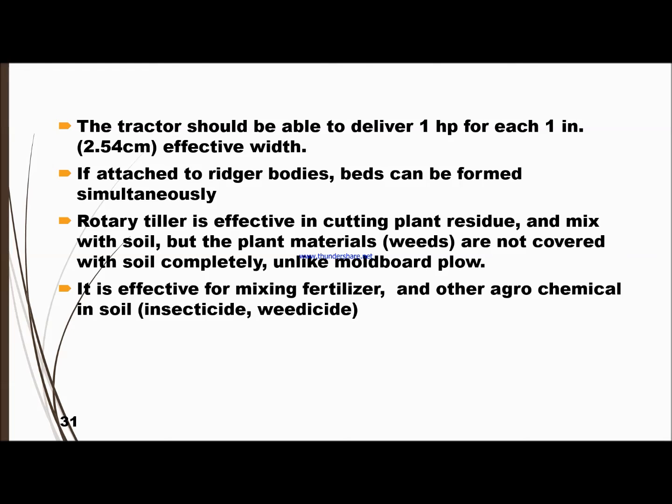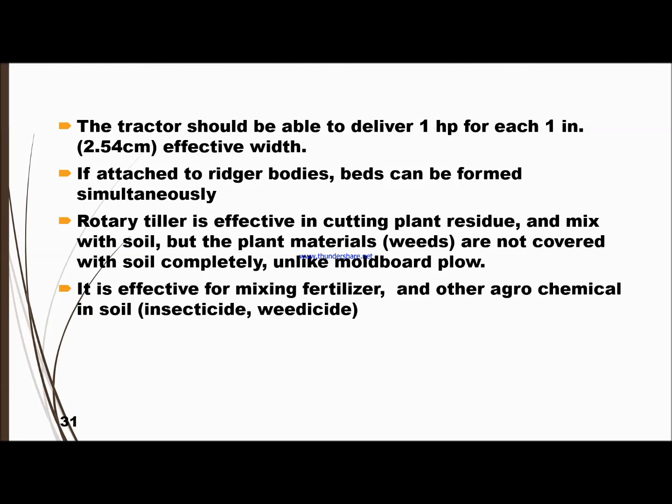If attached to bigger bodies, beds can be formed simultaneously. So normally, if we want to plant vegetables, we can directly attach the cultivator behind the tractor and make a bed for the cultivation.